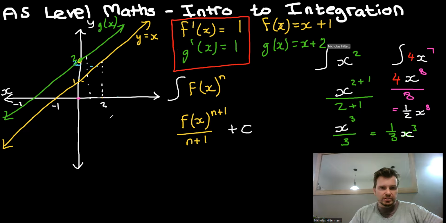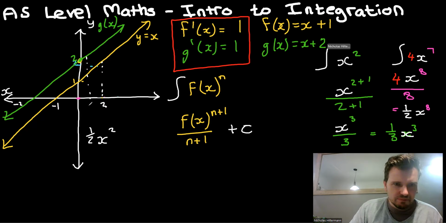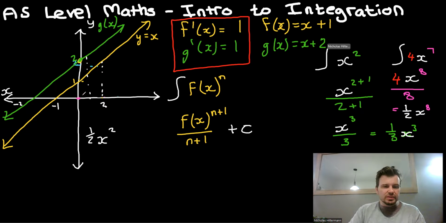When I found the integral, remember, of the y equals x graph, which was then half x squared, we noticed that if I put in 1, I got the area of that one little triangle. But that only worked because I used a simplified version where the graph just happened to intercept the y-axis at 0. But actually, it doesn't always do that.